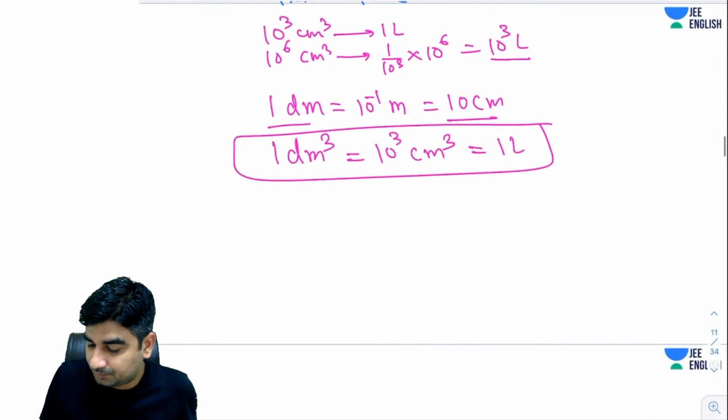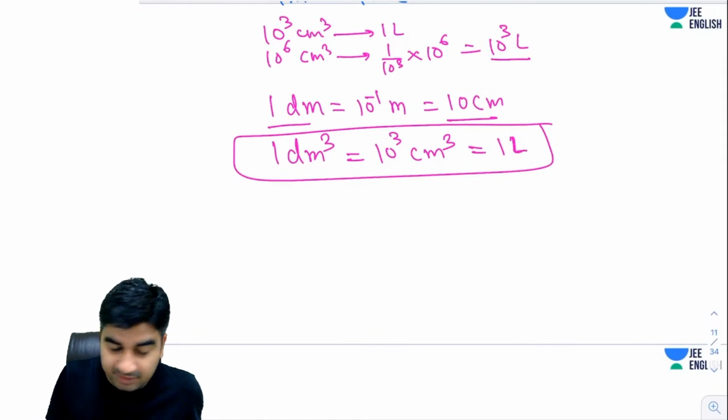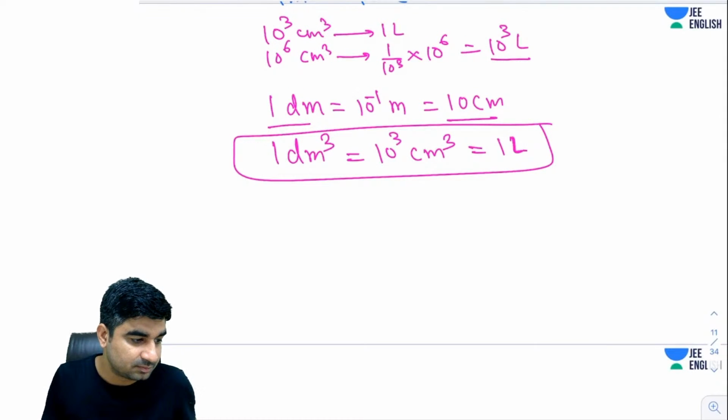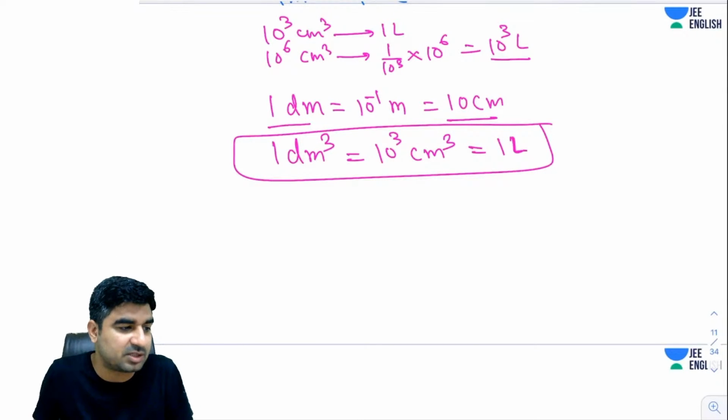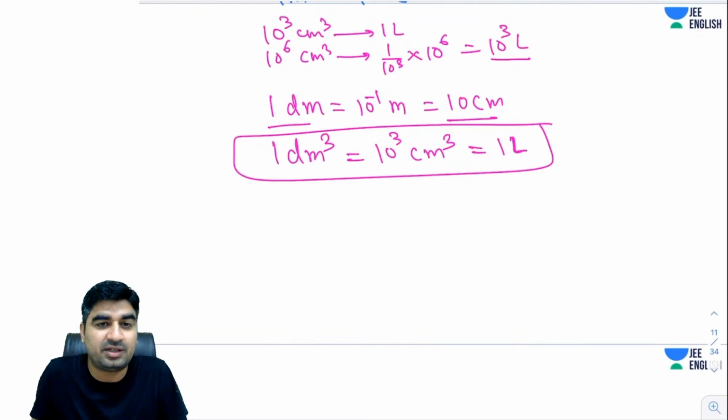Why am I telling you? If somebody writes... okay, I'll take a special class for this, but right now it is very difficult. Solutionist, actually, the unitary method starts from 8th and 9th. So just unitary method: 1 chocolate in 10 rupees, 10 chocolate in 100 rupees.